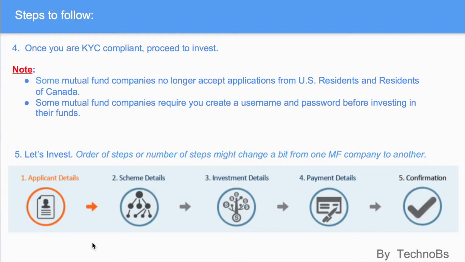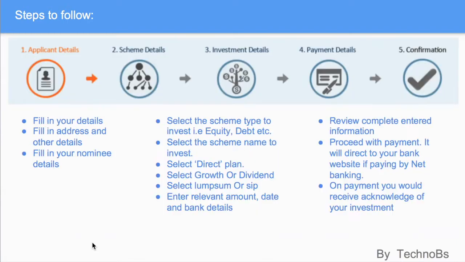These are the five basic steps that are involved for anyone to invest in a scheme. The number of steps and the order of steps might differ from mutual fund company to company, but the information required is very standardized. So once you are familiar with one process, you can go and invest in any mutual fund company.